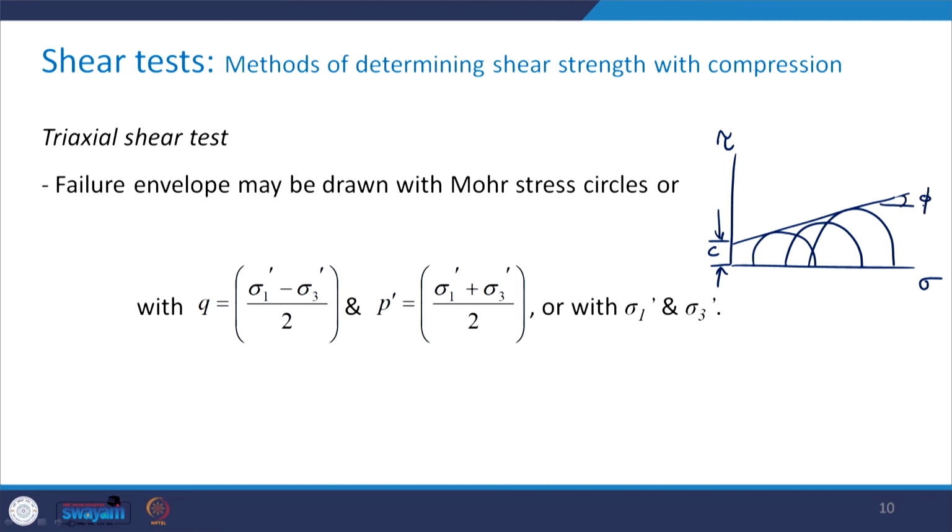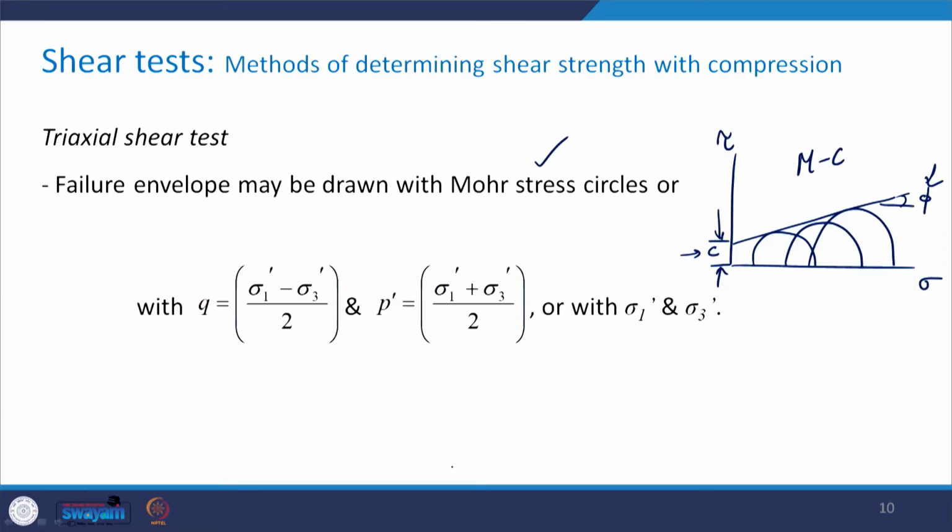Here we are making an assumption that this material follows the Mohr Coulomb failure criterion, which may not be true. We will learn in brief about the various failure criteria available for rocks and rock masses. But let us say I assume it follows the Mohr Coulomb failure criterion, then using these Mohr stress circles, we can determine the value of C and phi.